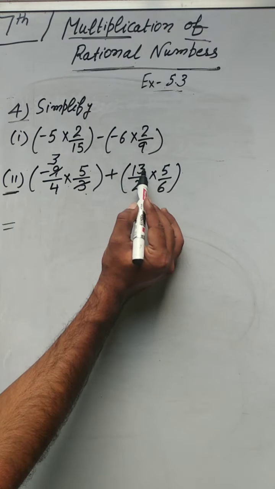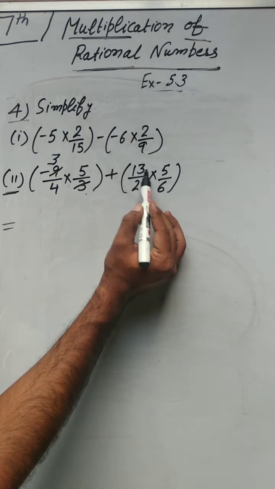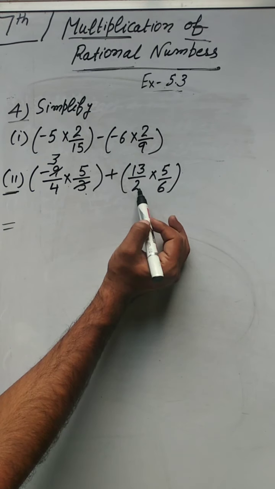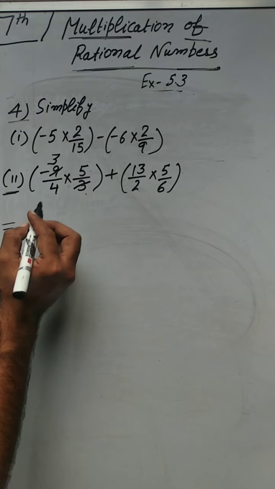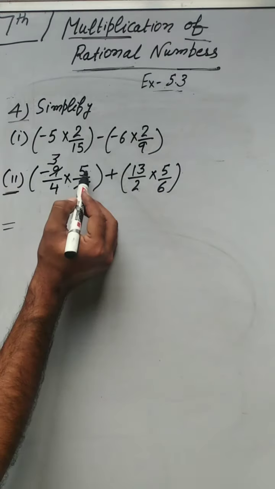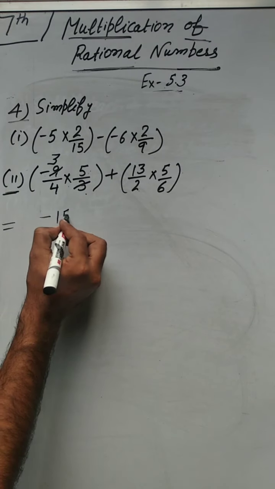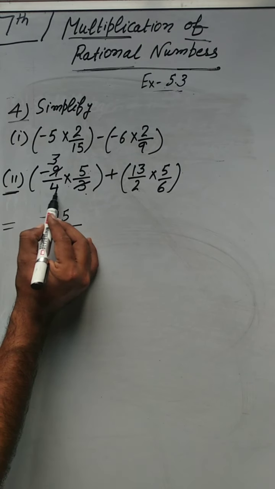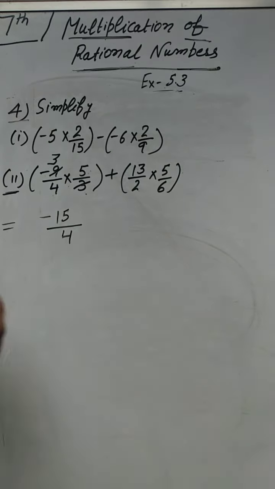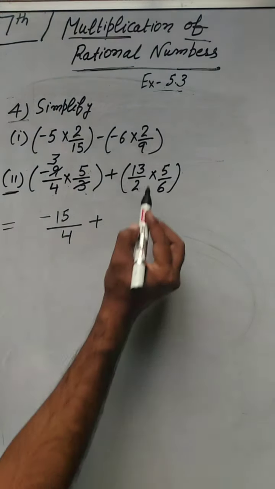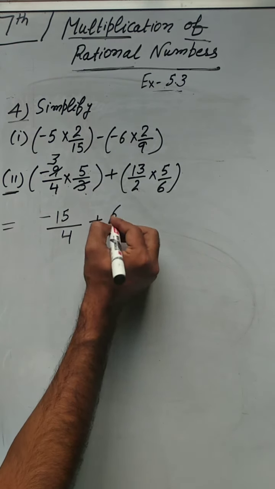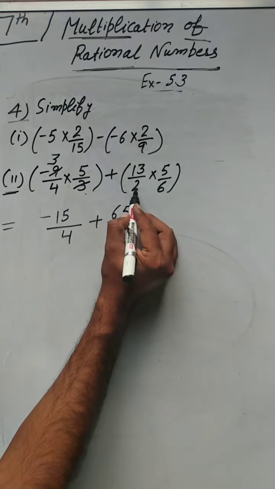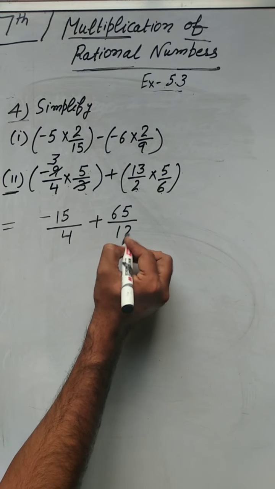And here anything common, 13 2 no, 13 6 no, 5 and 2 nothing is common, 5 and 6 nothing is common. Okay, beta? Now simply here minus 3 multiply 5, minus 15, and 4 multiply 1, 4. Clear, beta? Understood? And numerator with numerator here, 13 multiply 5, 65, 2 multiply 6, 12.